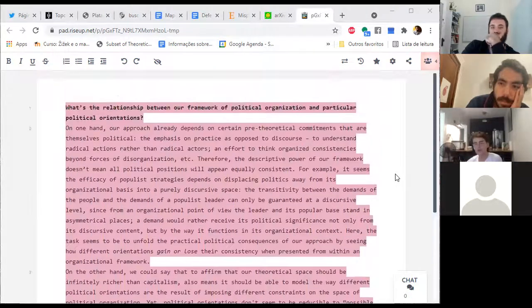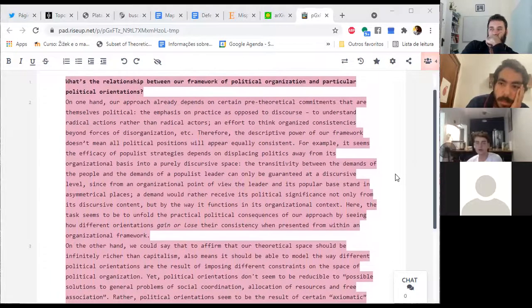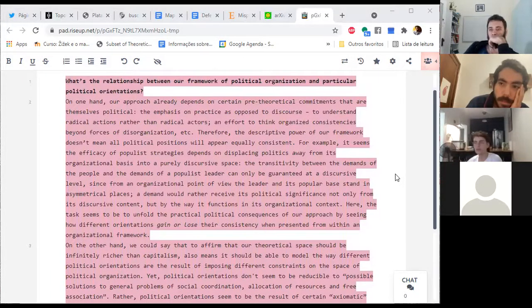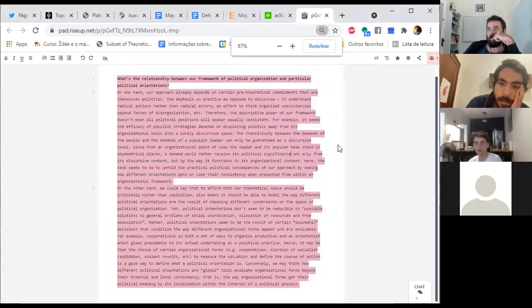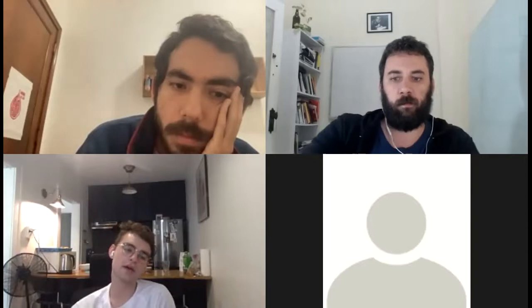Not universally true, but to some degree many people with different political orientations could say that they have the same goal, which is some abstract human flourishing. But the differences actually come out in the way that they model the space, right? That they say this one strategy will be effective and this other strategy will not be effective.